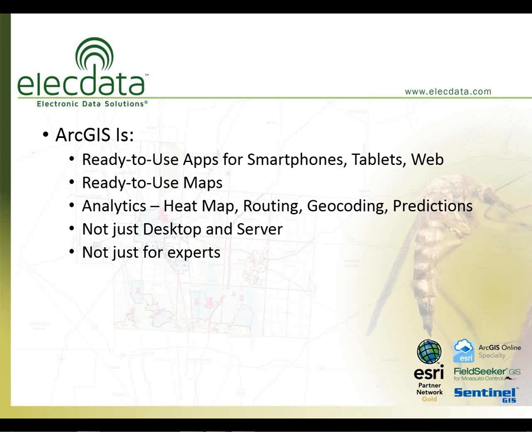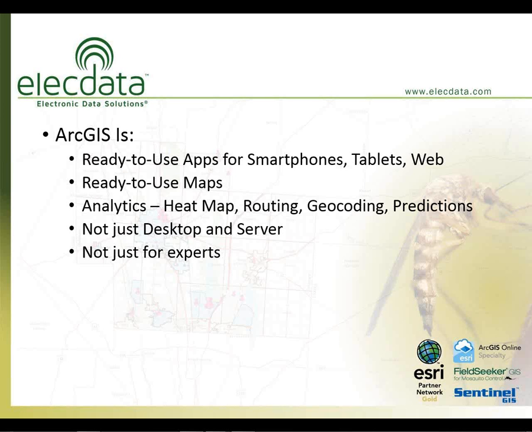It also includes ready-to-use apps for smartphones, tablets, and the web, things like Esri Collector and others that I mentioned. Also ready-to-use maps and map templates. Anyone who's been on arcgis.com and looked at the ready-to-use apps, there's a broad range of starting points available.